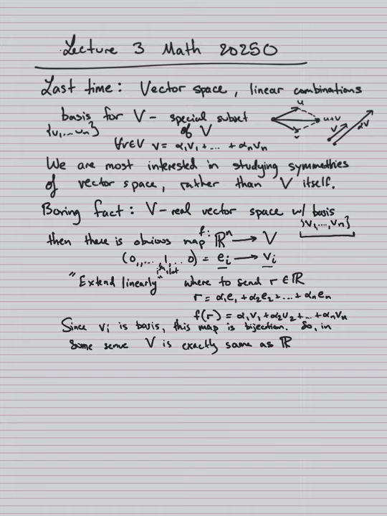If I start doing operations using these coordinates, it's the same exact thing as working with Rn with these standard coordinates, right? You're just changing the labels from ei to vi. So this is kind of depressing, right? If I take this real vector space and pick a basis, then I'm basically working with Rn, just changing the labels.